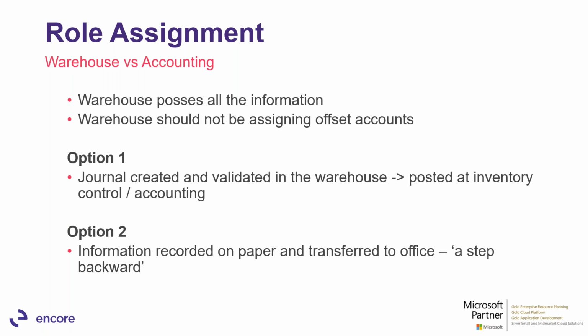This is the most common solution, as this is exactly how all the other quantity adjustment type journals were designed to be used in the system, right? But it also does not allow the warehouse personnel to select the wrong offset account.